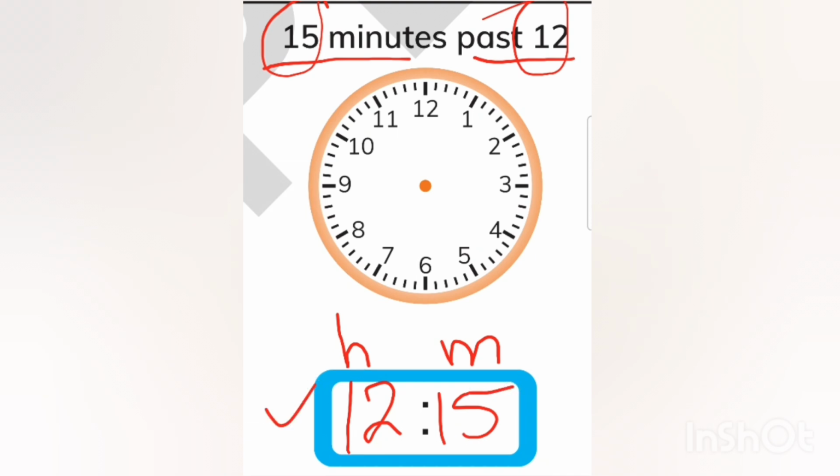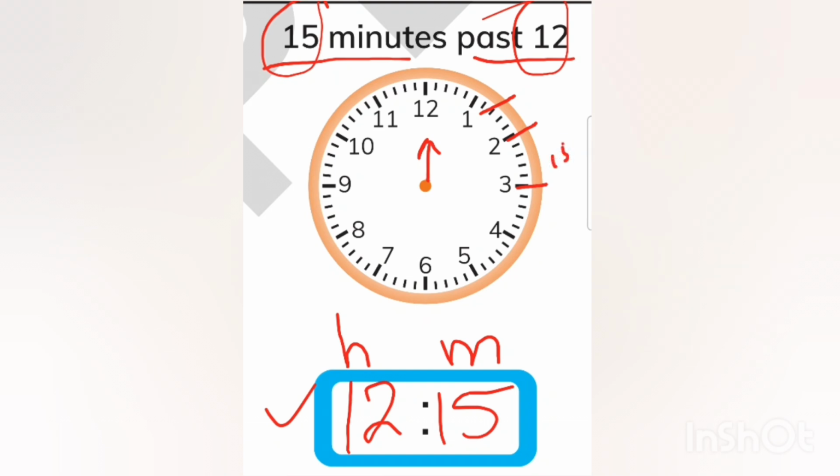After writing in digital, we can very easily find it in the analog. So the small needle will go towards 12, and the big needle will go towards, because there is no 15, so what we have to do, we have to read the table of 5. 5 1 is equal 5. 5 2 is equal 10. 5 3 is equal 15.